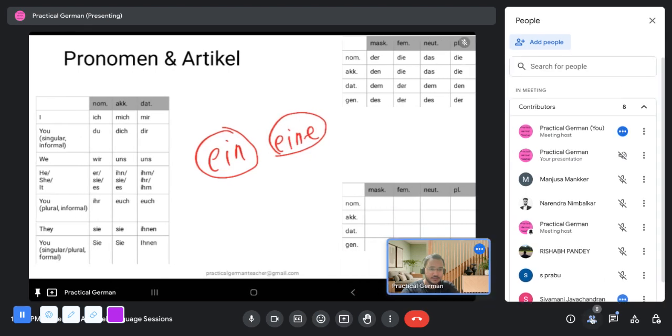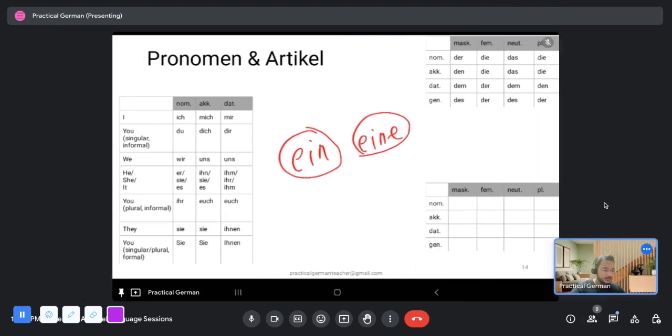No one else there, so I can try. Go ahead. First, give me the nominative ones. Ein, eine, and ein, and eine. It does not exist because this ein is something like a, right?